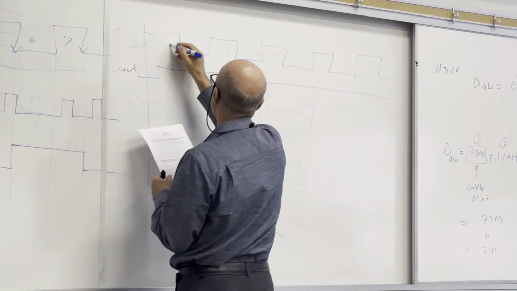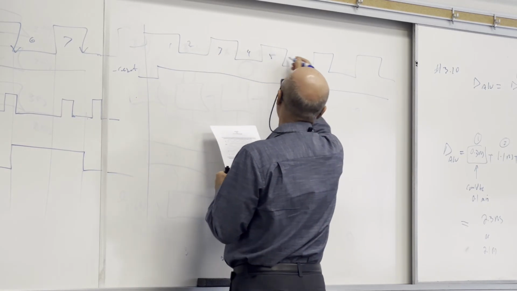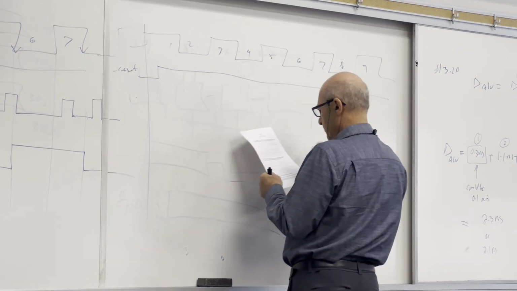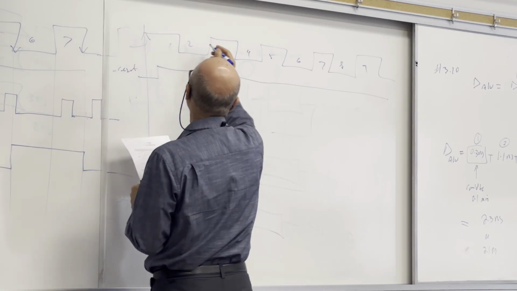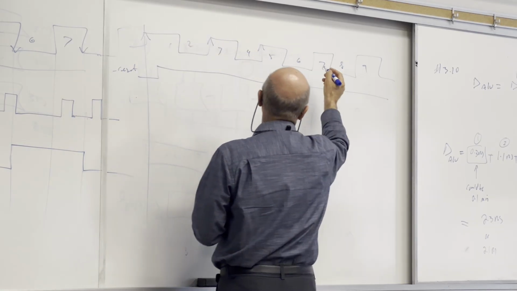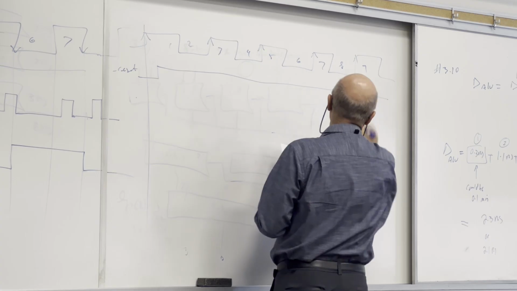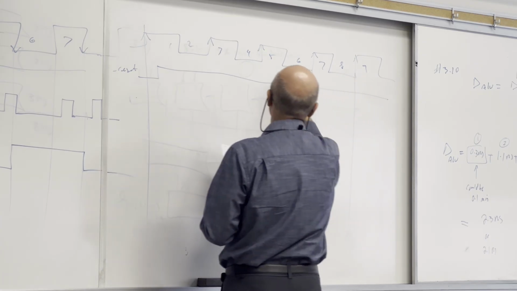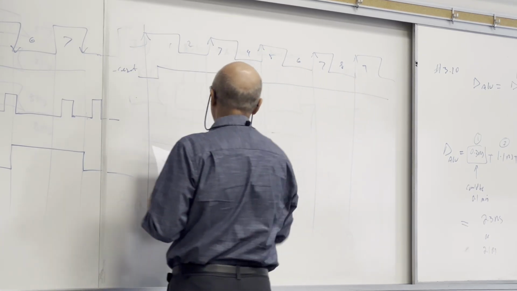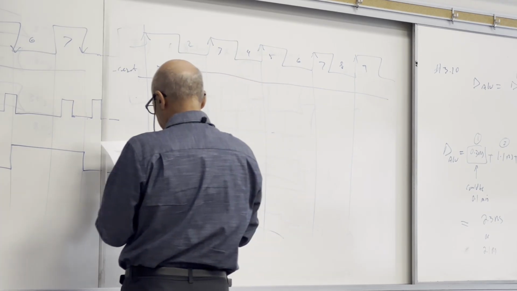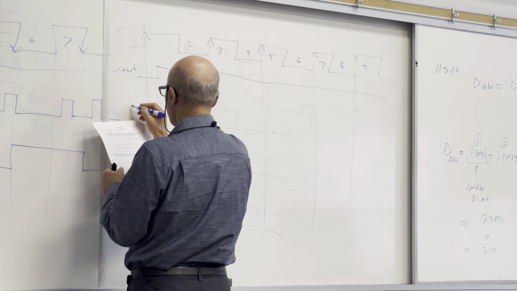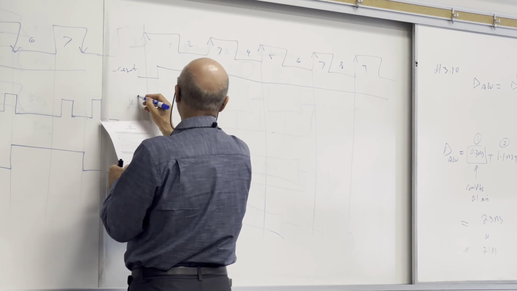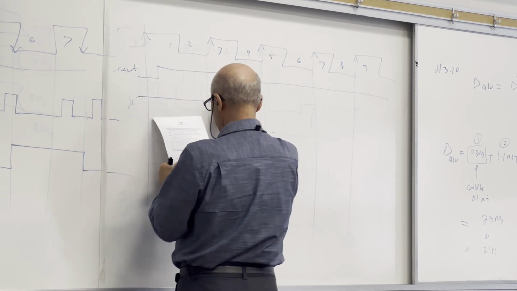D. This one is positive edge. Okay. So D starts at 1. Somewhere around here it goes to 0.